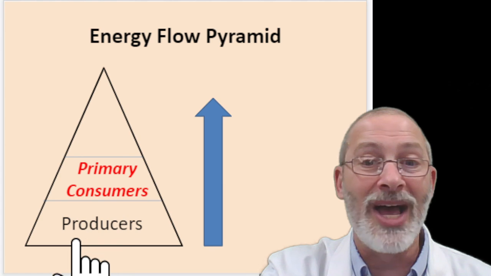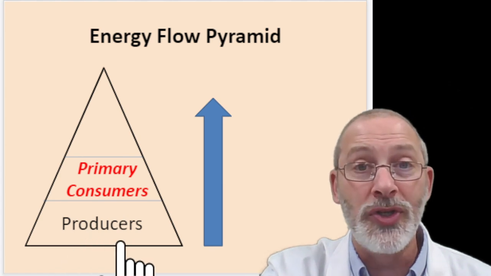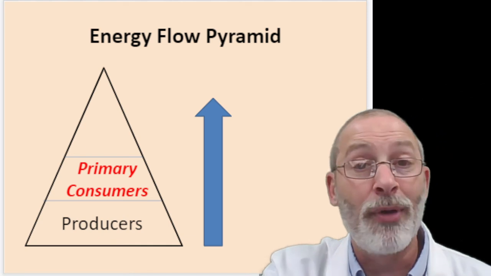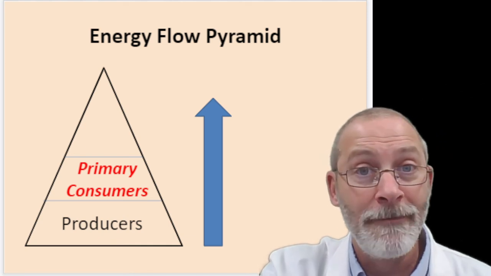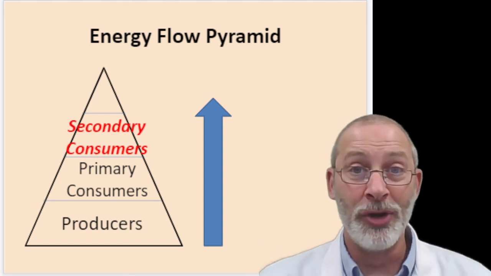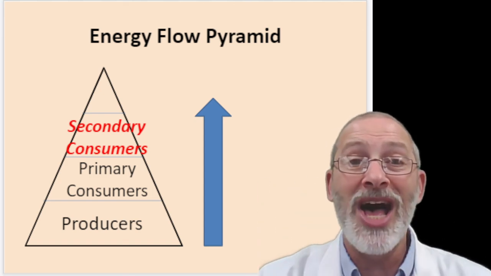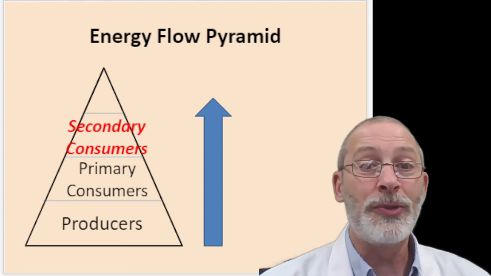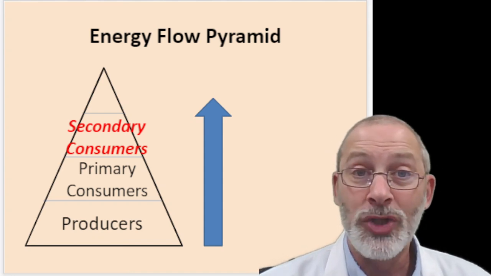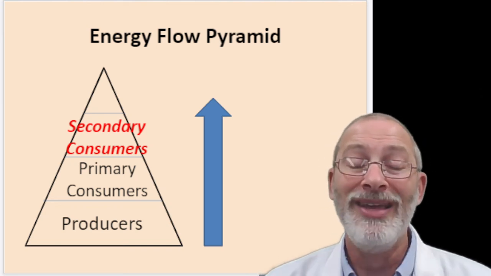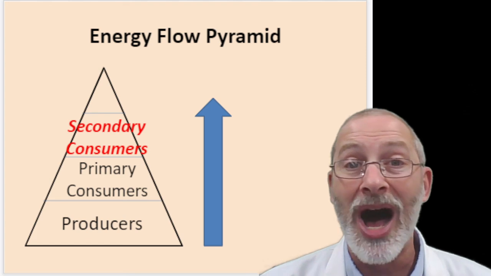That's why it takes a lot more producers to support a smaller population of primary consumers. And likewise, the secondary consumers, the population size is much smaller yet because it takes more of the primary consumers and the producers to support that population of secondary consumers. Why?